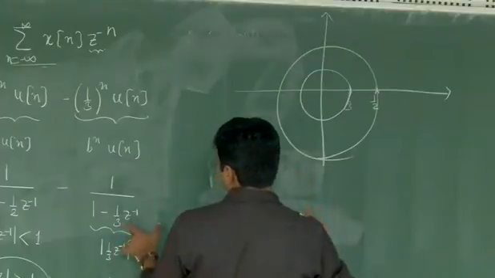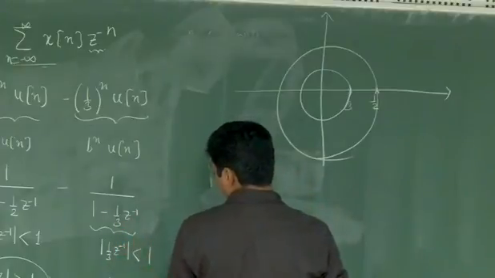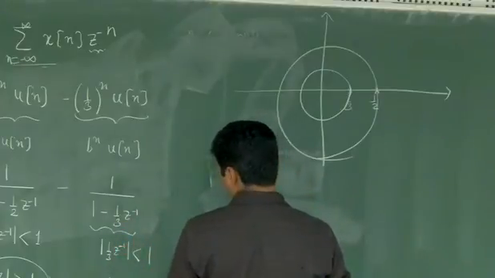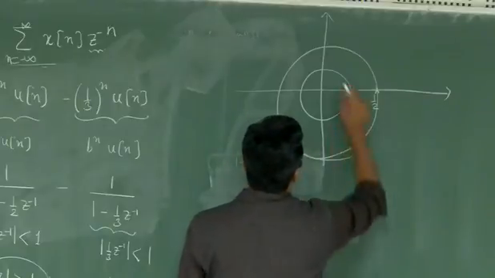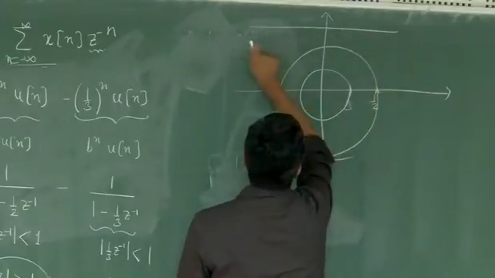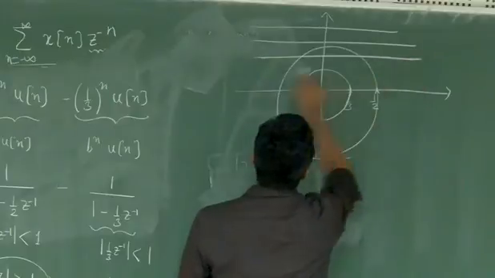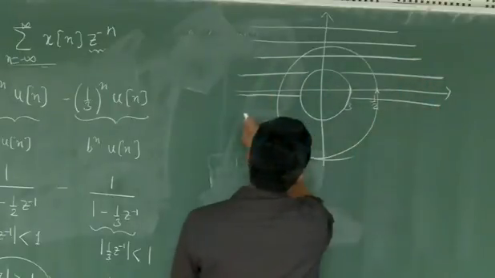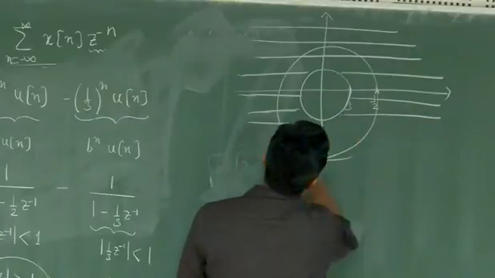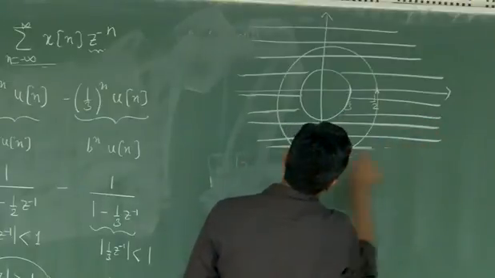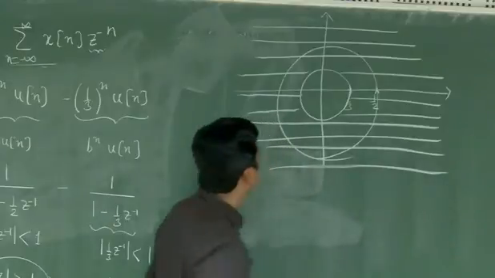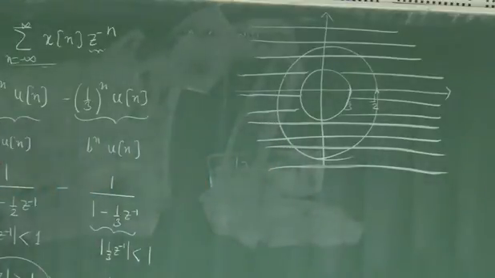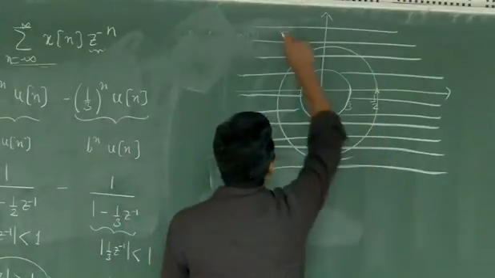So if I were to plot just the ROC for this guy, it means that my Z has to be greater than 1/3, right? So that's going to be... okay. Now if I were to plot the ROC for this guy, it's going to be outside here, right?